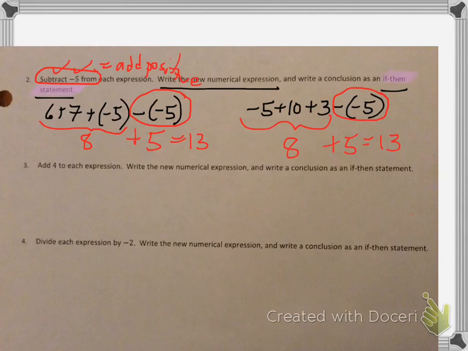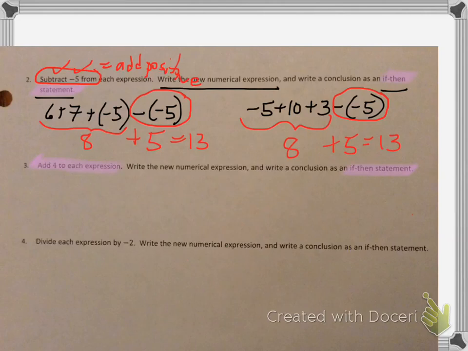So now what I want you to do is to go ahead and add 4 to each expression, okay, and write the new numerical expression and write a conclusion as an if-then statement. And this is the exact same thing we just did.